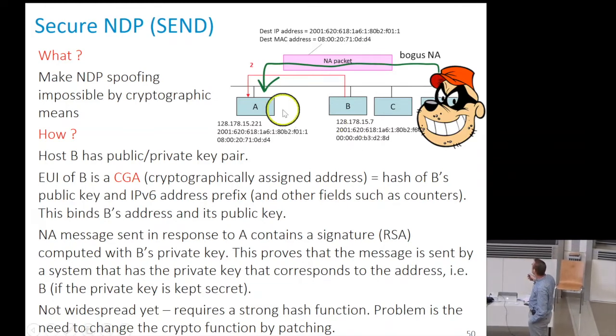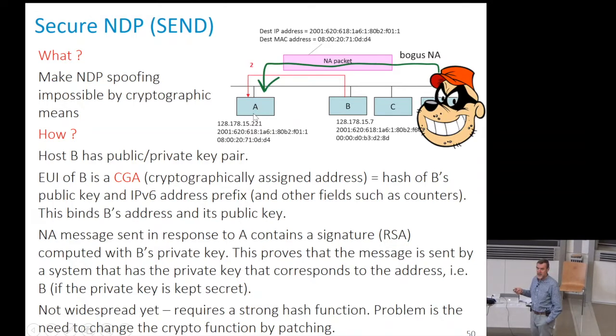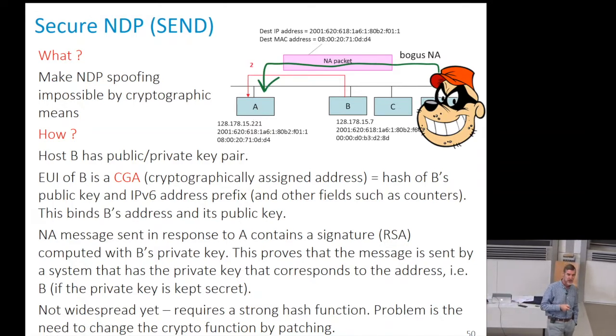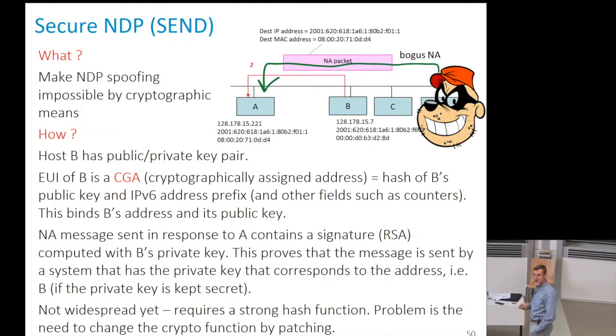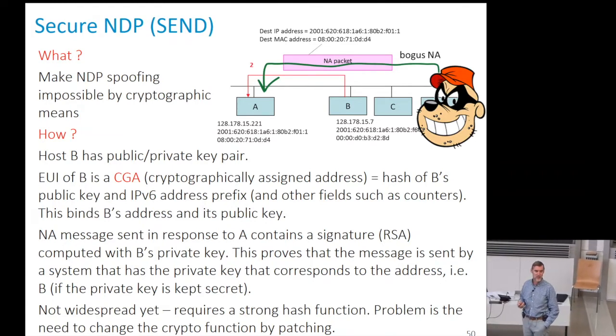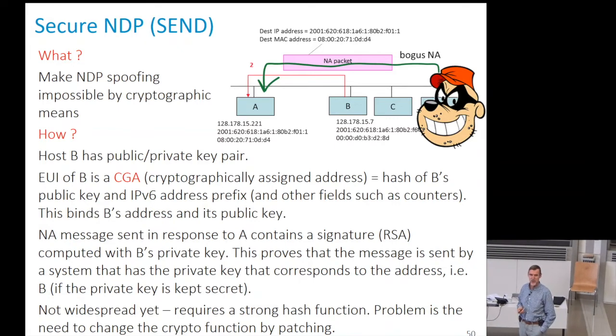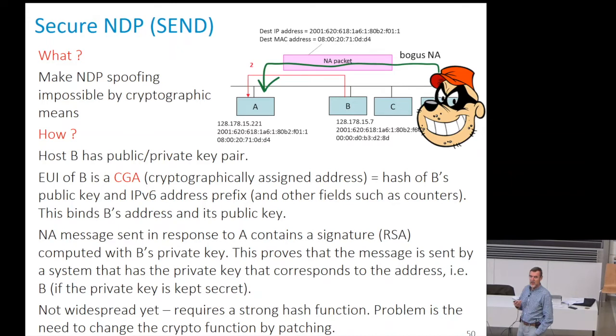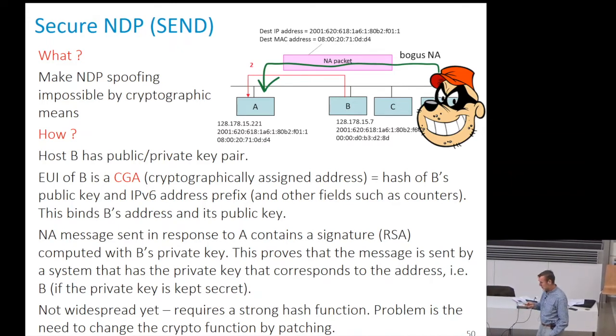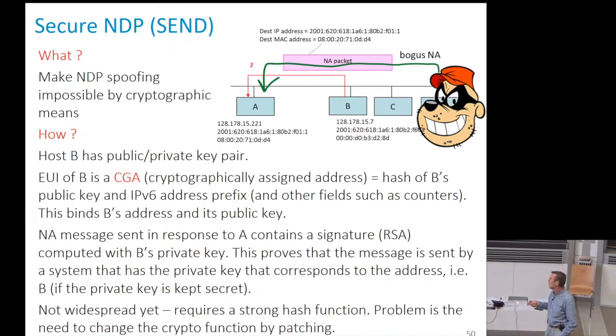Now, when A receives the reply, it cannot know what the answer is, but it can verify whether the answer it receives is legitimate. By doing what? By decrypting the signature using the public key, because the public key is public, so it's known to A. So A will decrypt the signature, and if the decryption works, there is a verification code in this.